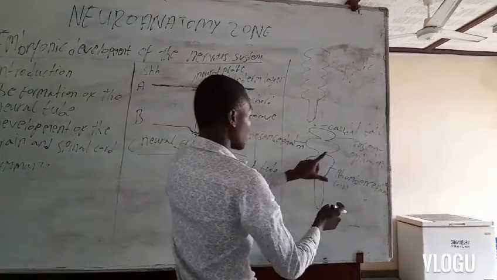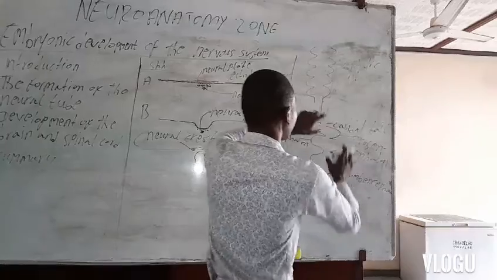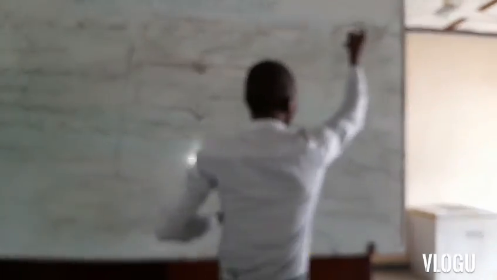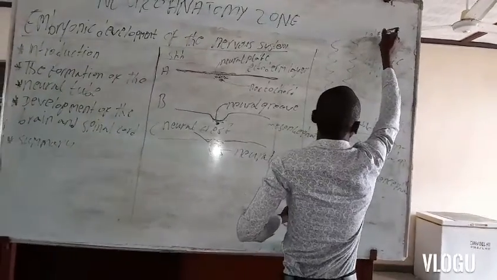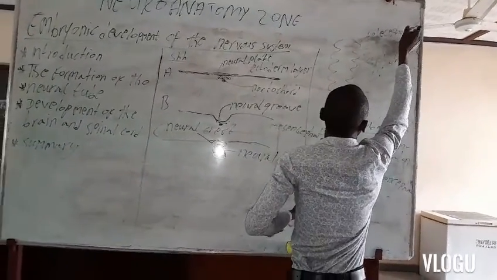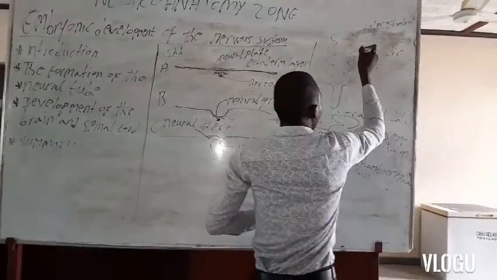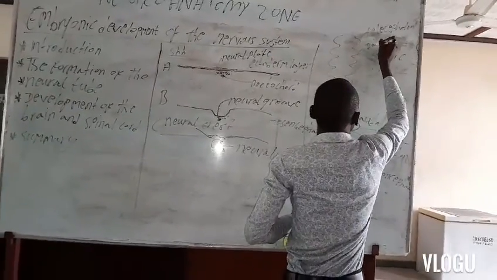So what happens is that the prosencephalon will become divided into 2 to produce telencephalon and diencephalon.